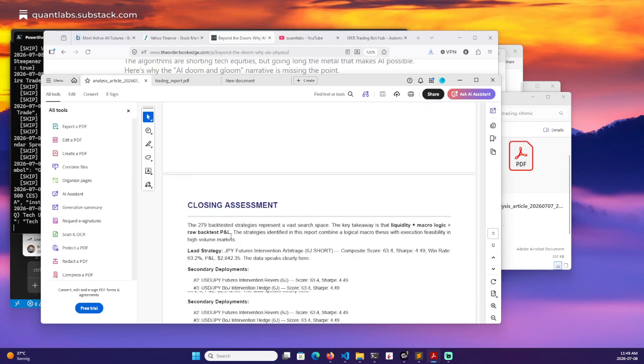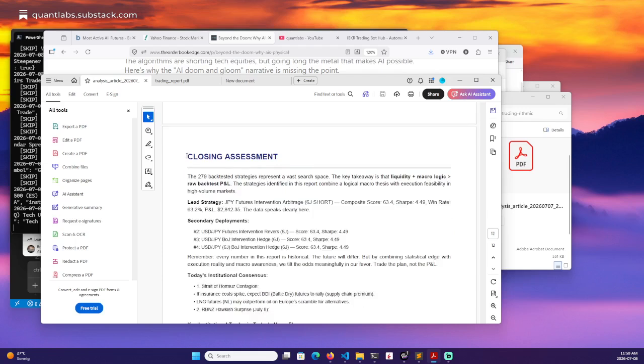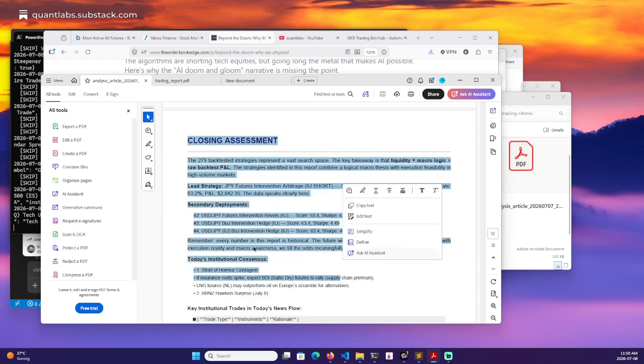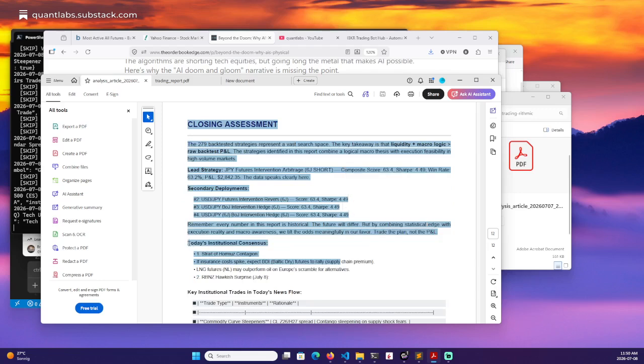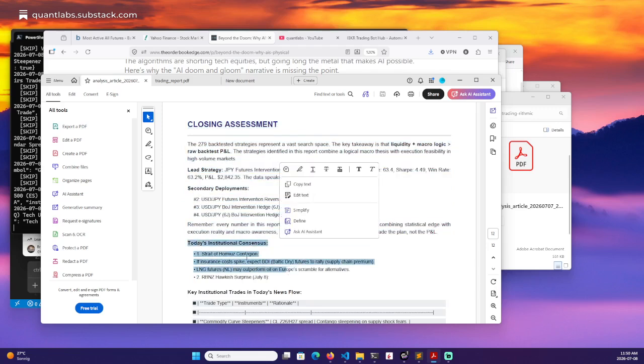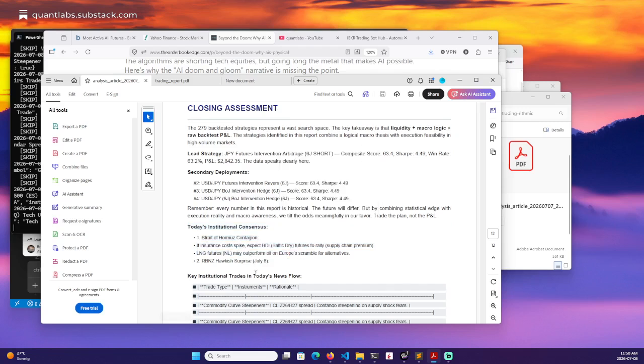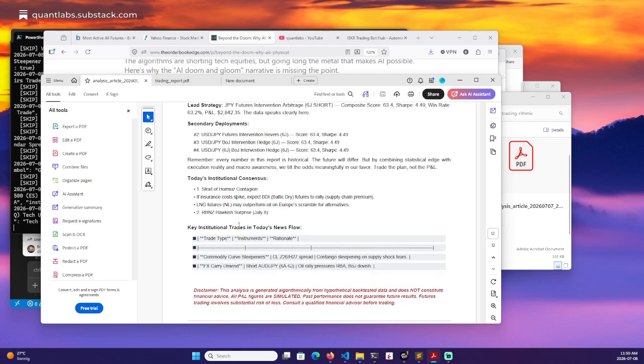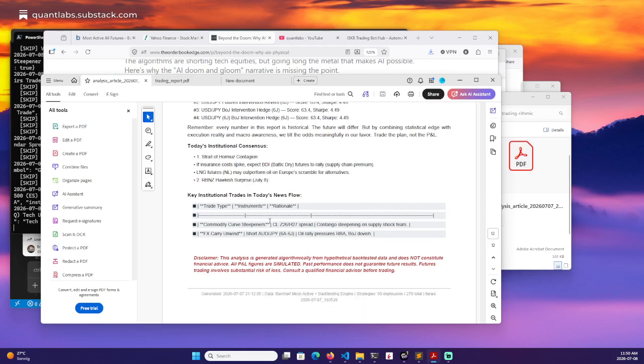All right, so then we have the closing assessment on what may work. But the important one right here is today's market. What's happening in the Strait of Hormuz? Will that become a contagion? Plus the insurance and the effects of that on the liquid natural gas and other types of oil, distilled oil.